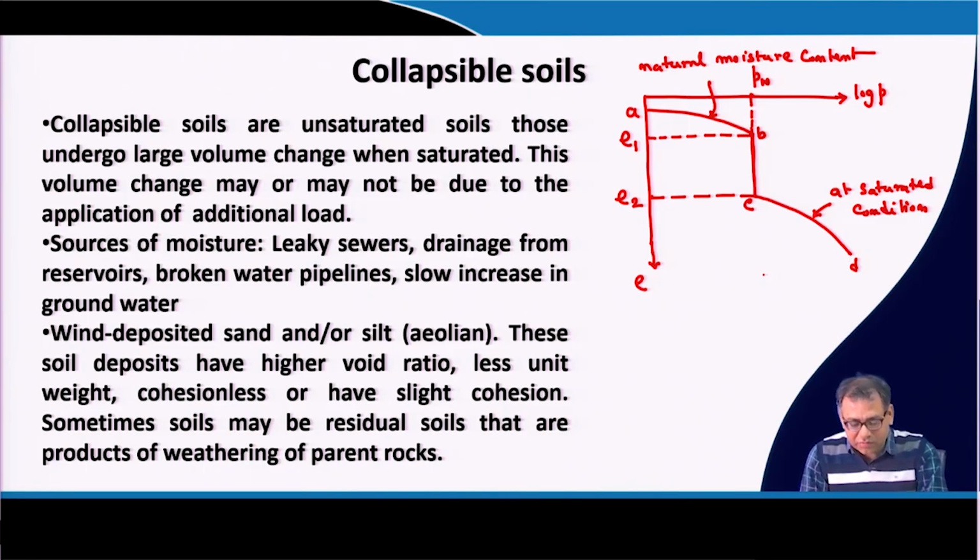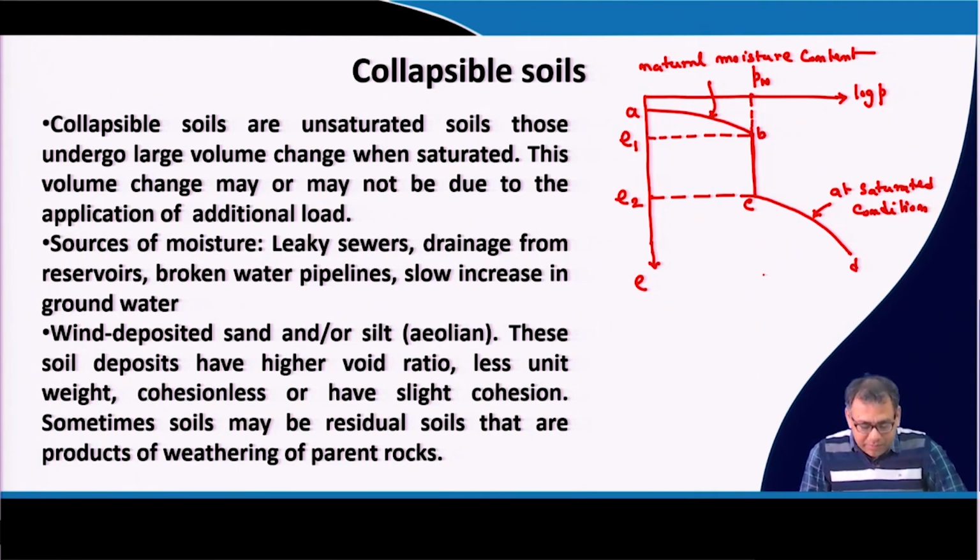The leak of the sewage pipe, drainage from the reservoir, broken water pipeline, slow increase of groundwater level. Because of these reasons the soil moisture content may increase, and when the soil becomes saturated, then suddenly there will be a huge volume change or the collapse of the soil. Then the foundation will also undergo huge settlement.